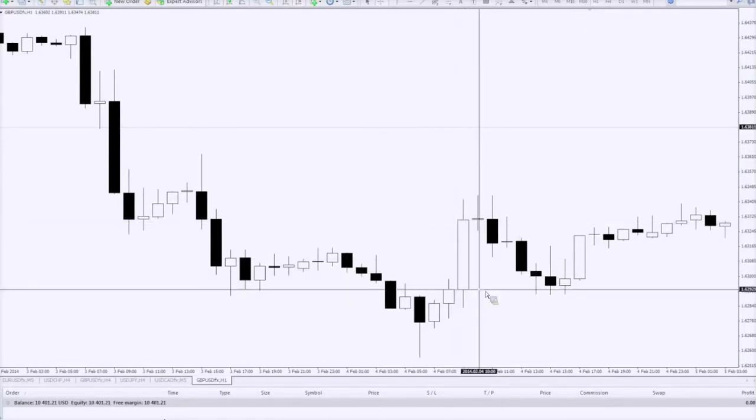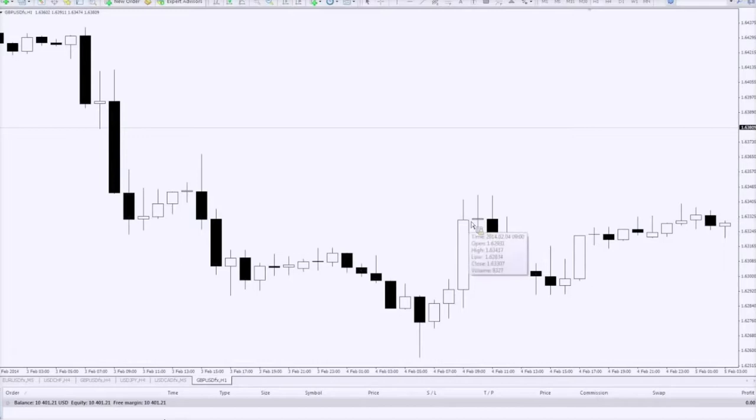So if we start at the bottom of this candle, you know why I know to start at the bottom of this candle? On this chart, the white candles are the bullish candles, the up candles. So if I see a white candle, I automatically know that it started down here at the bottom. If I see a black candle, I automatically know that the start of the black candle was at the top. Do you get that?